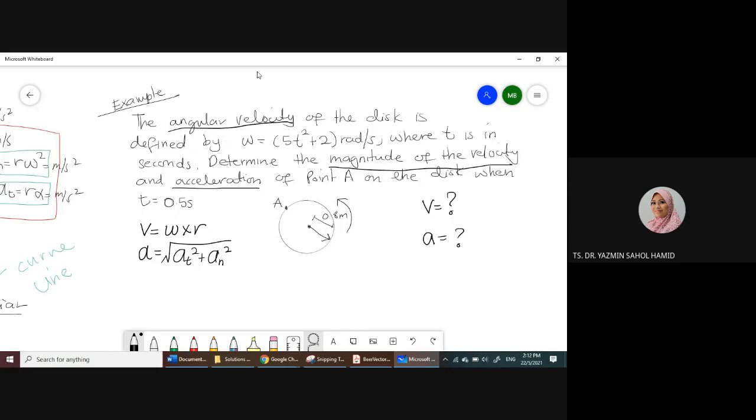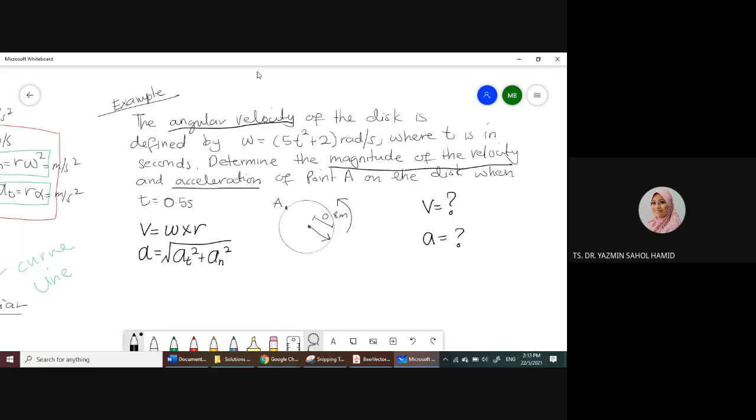Now, the angular velocity of the disk is defined by omega. For this question, only rotation is happening. There's no translation, which means this rigid body is not moving to another position. It's only rotating.